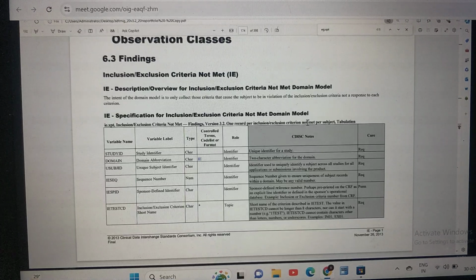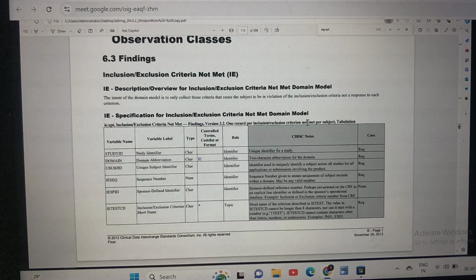The inclusion exclusion criteria means, for each and every clinical trial, whenever they are going to conduct it, when they write the protocol, in the protocol itself they will state the clear inclusion and exclusion criteria. So the inclusion exclusion criteria are nothing but the enrollment requirement.